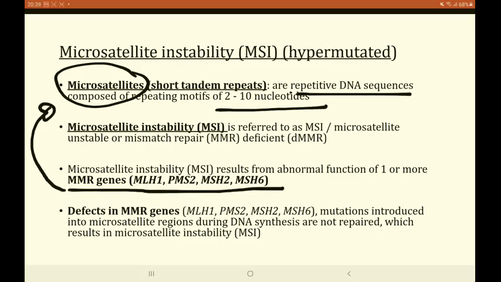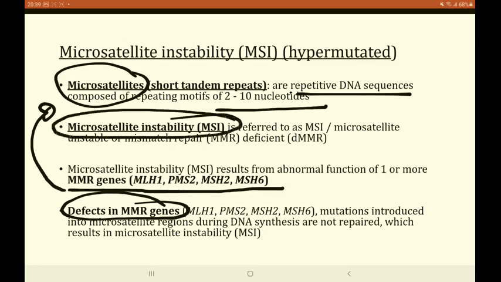In case of defective mismatch repair genes, that means MLH1, PMS2, MSH2, and MSH6, the damage of the microsatellite areas cannot be repaired. If that damage cannot be repaired, then we call that condition microsatellite unstable.